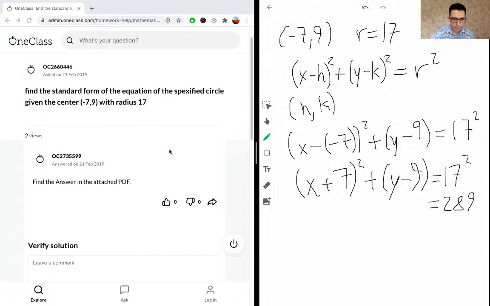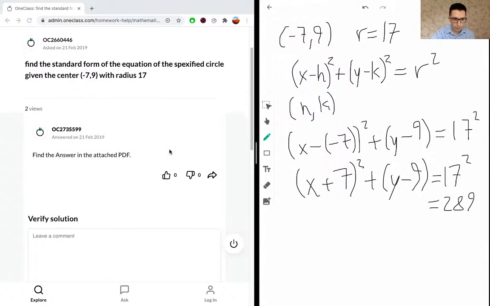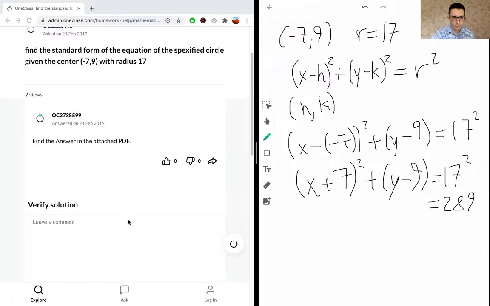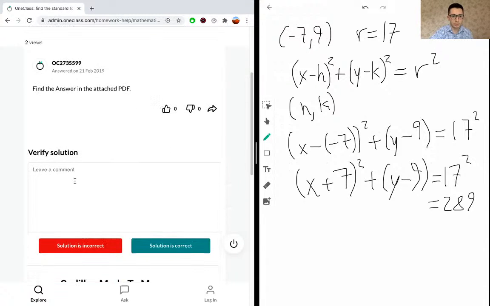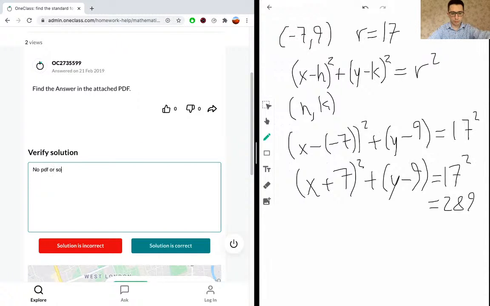So here, let's look at the answer submitted. It looks like they're asking for a PDF. So just leave a comment. I don't see a PDF. No PDF, no solution present.